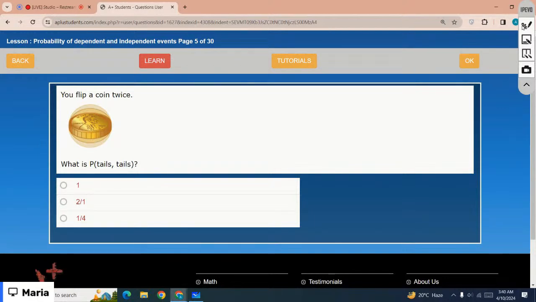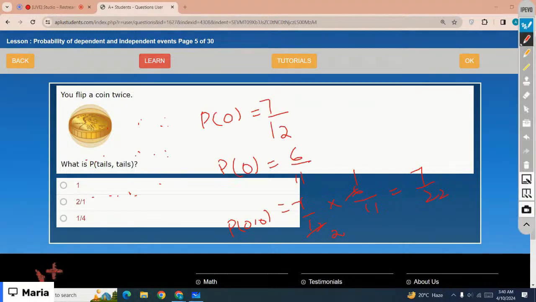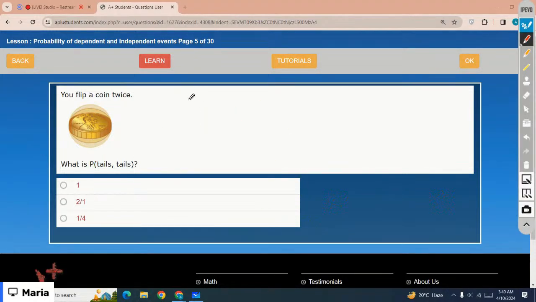You flip a coin twice. The probability of tails and tails. So when you flip a coin, the events are always independent. The probability of tail is 1 over 2. When you flip the second time, the probability of tail is 1 over 2. So for the probability of tail and tail, you have to simply multiply 1 by 2 times 1 by 2.